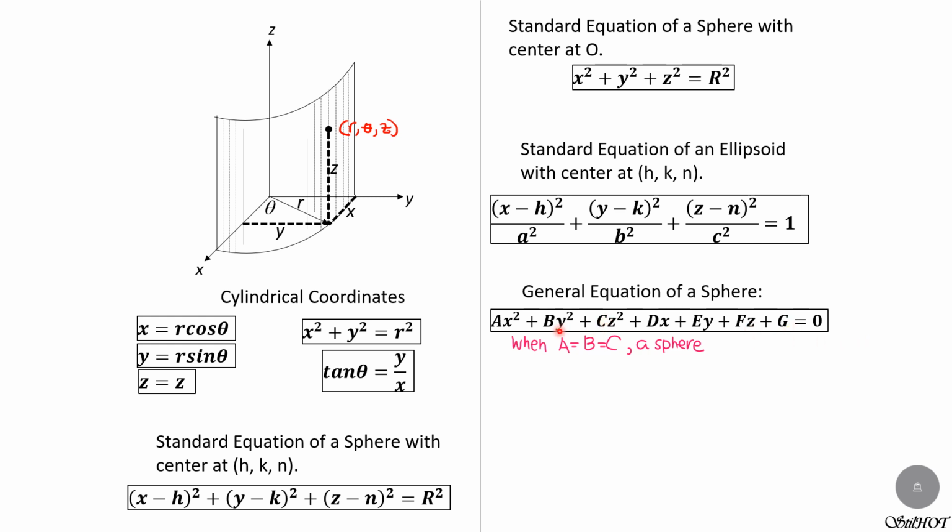Now remember, for a circle, it was ax squared plus by squared plus cx plus dy plus f equals 0. Now that it is a sphere, we have to extend it to those with the z variable, and we have the z first degree term and the constant. The constant is common. Now for a sphere, a equals b equals c. For a circle, a is equal to b only. For a sphere, we have to extend it to a equals b equals c.